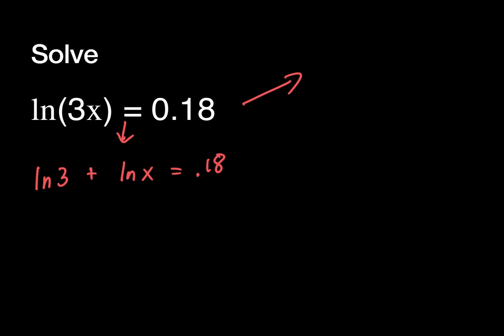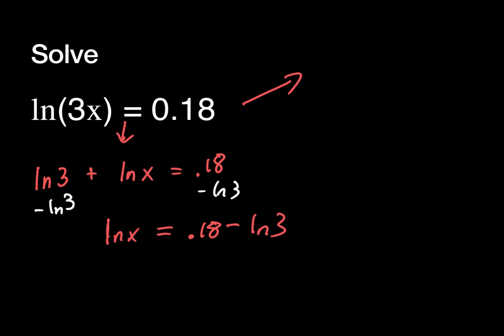And then, just like I did back in the day with algebra, I'm going to subtract things that are not natural log of x. Subtract natural log of 3 from both sides. I'll have then natural log of x is equal to 0.18 minus the natural log of 3. And the natural log of 3 is a number. At any point in time, you can just plug it in your calculator, and then go 0.18 minus that number.